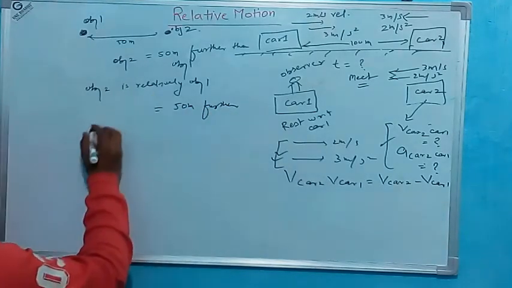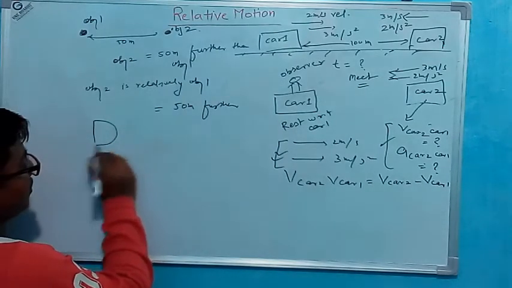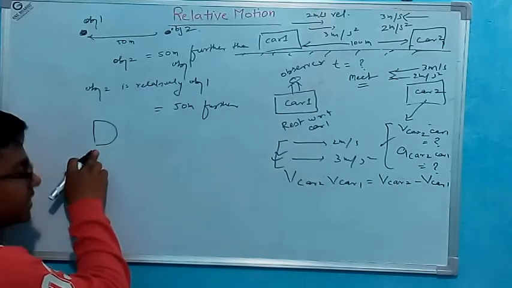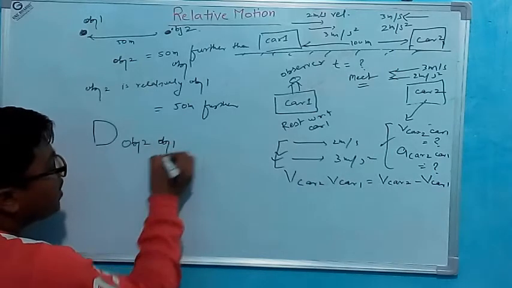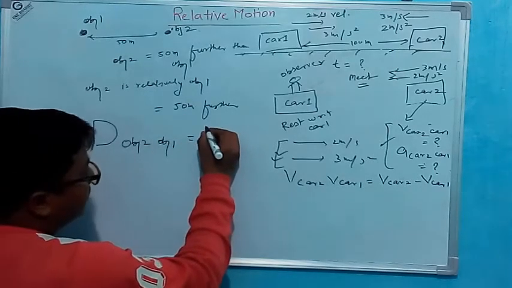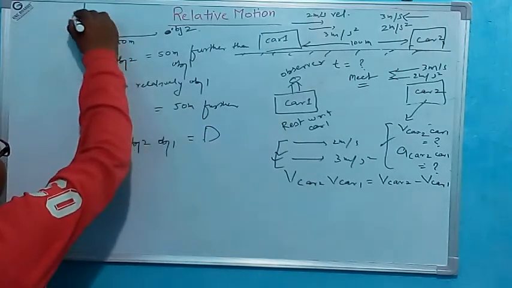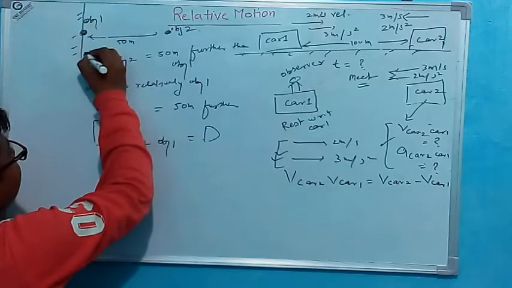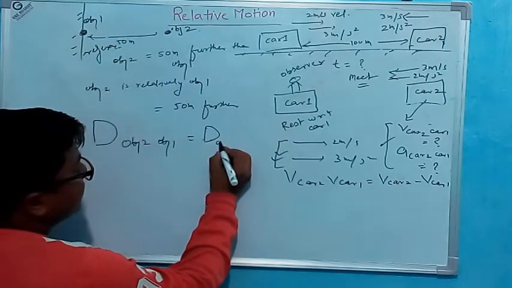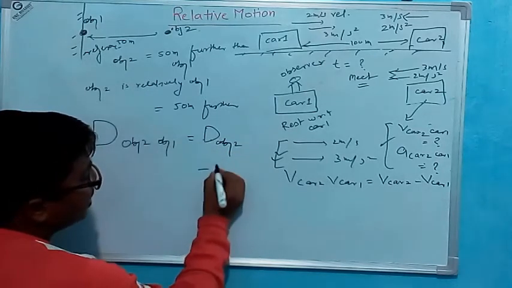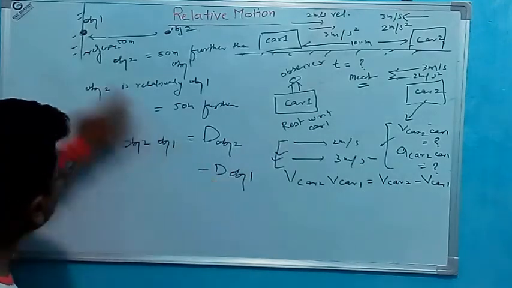This is the relative term. So we can say that the relative displacement, relative distance of object 2 with respect to object 1 is the distance or displacement of object 2 from the reference point minus the distance or displacement of object 1 with respect to the reference point.